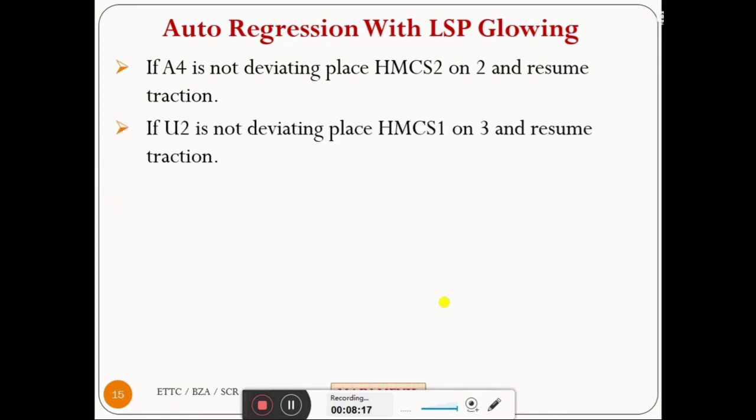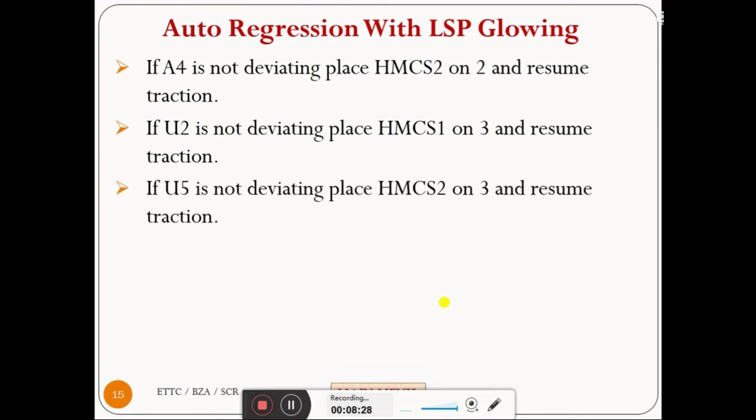If U2 is not deviating, it means TM2 branch is open circuited. So place HMCS 1 on 3 and resume traction. If U5 is not deviating, place HMCS 2 on 3 and resume traction. U5 is not deviating means TM5 branch is open circuited.